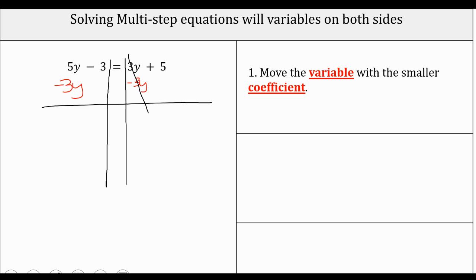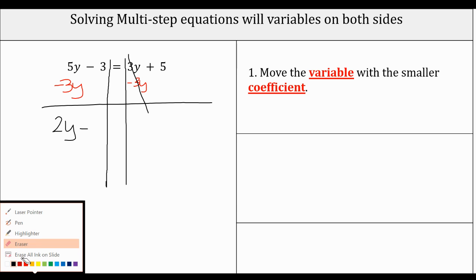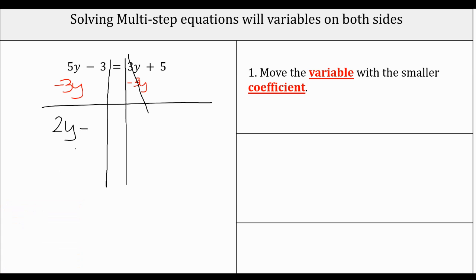And then 5y minus 3y over here gives us 2y. I'm going to bring down anything we didn't use, so that includes that 3, this 3 over here, this equal sign, and then this positive 5.